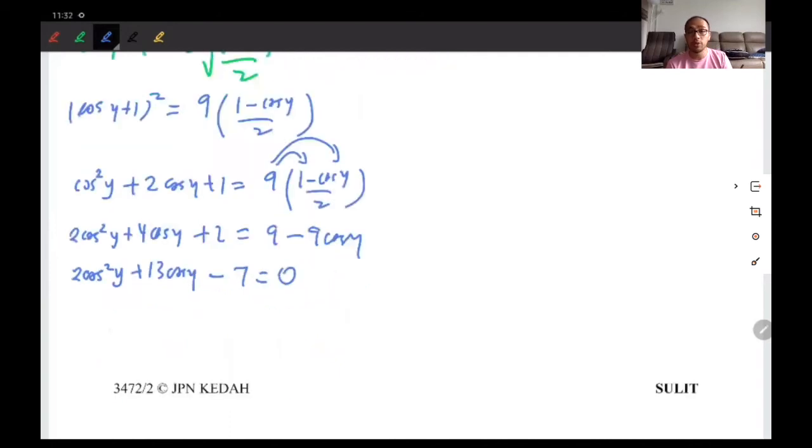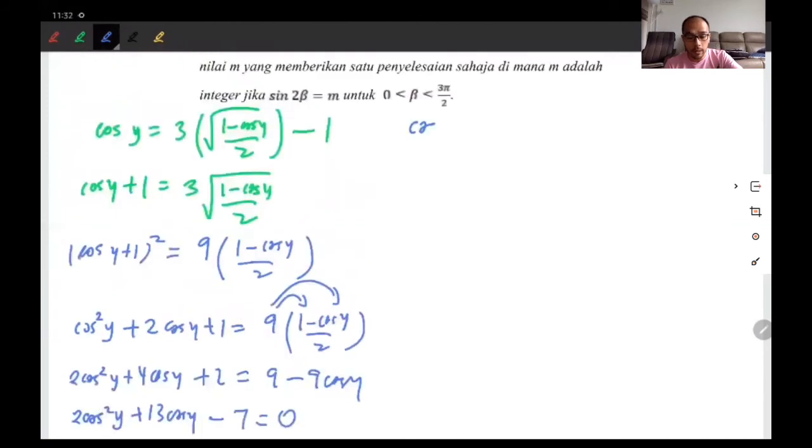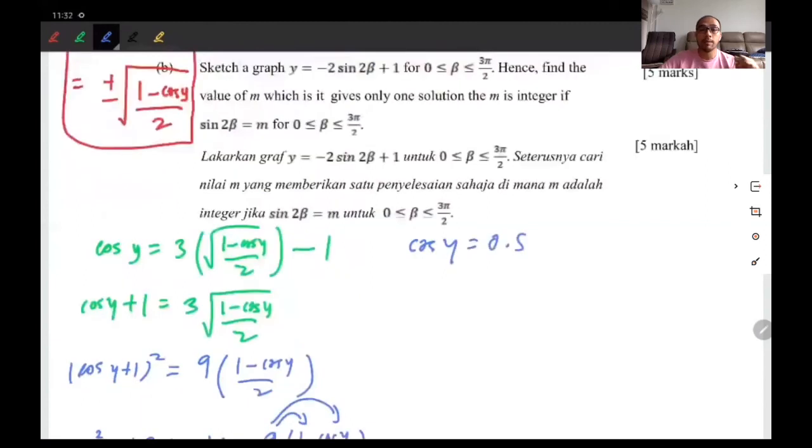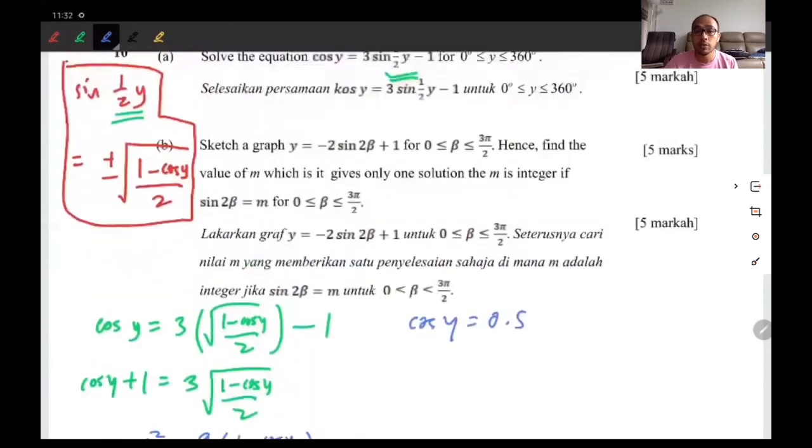For this one you need to use EQN. With 2, 13, minus 7, I get cos y equals 0.5 and cos y equals negative 7. This one we reject. If cos y is 0.5, how many values do I have from 0 to 360?